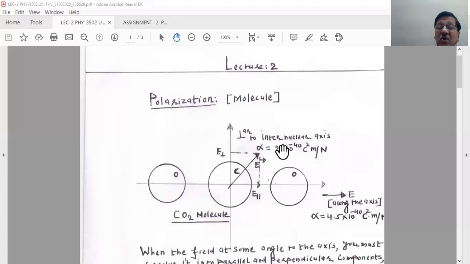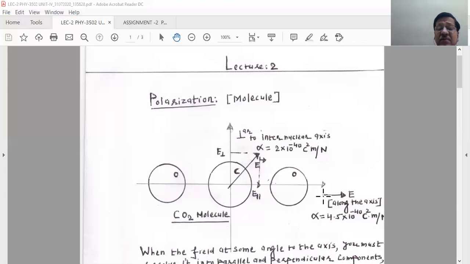It is almost half of the value which you observed along the internuclear axis. So one can say that the molecule is easily polarized along the internuclear axis.